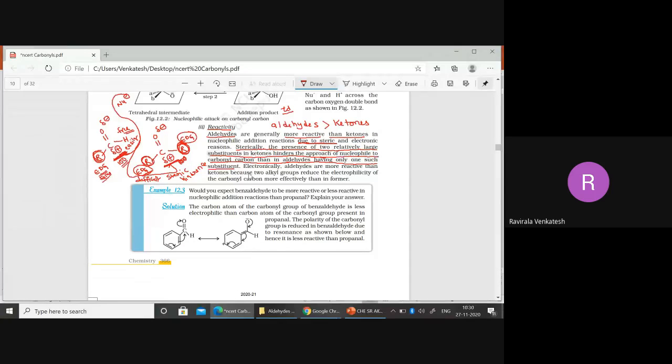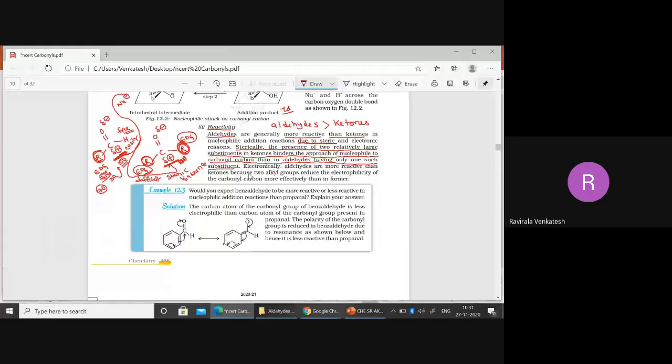Father has given 30 rupees to this student. How much is still required? 70 rupees are still required for paying the fees. Understood?